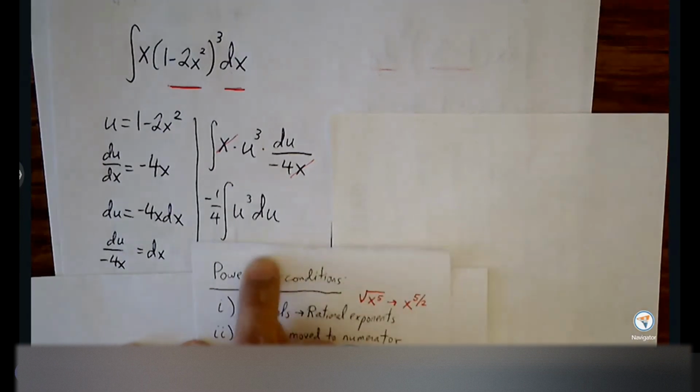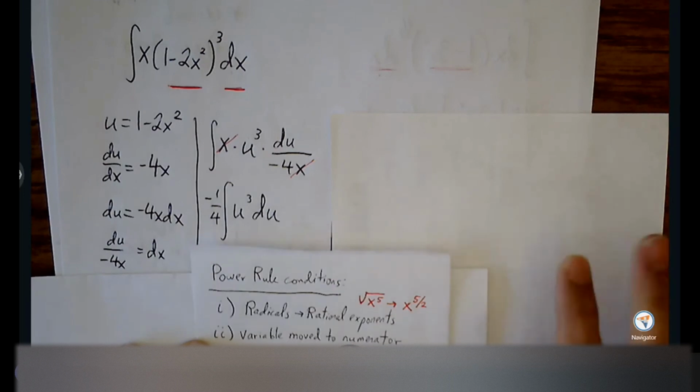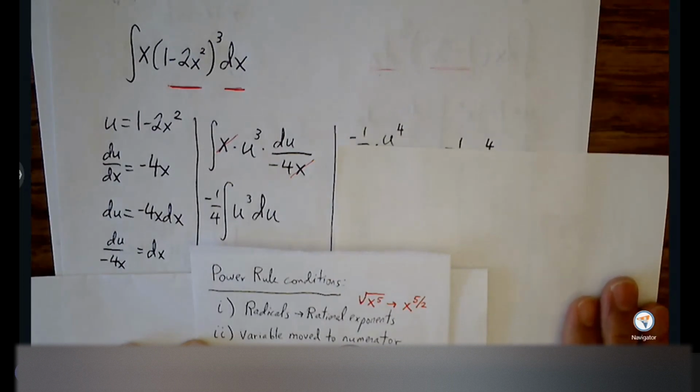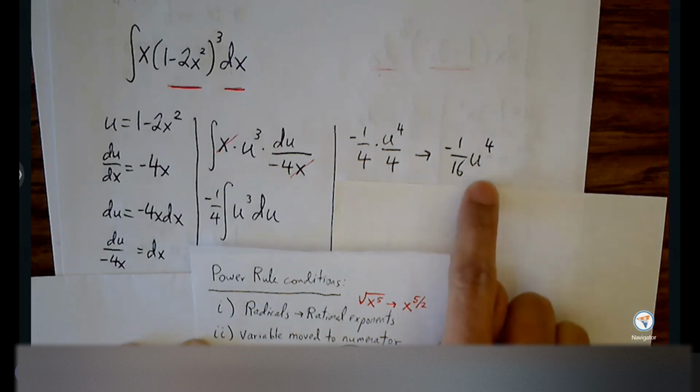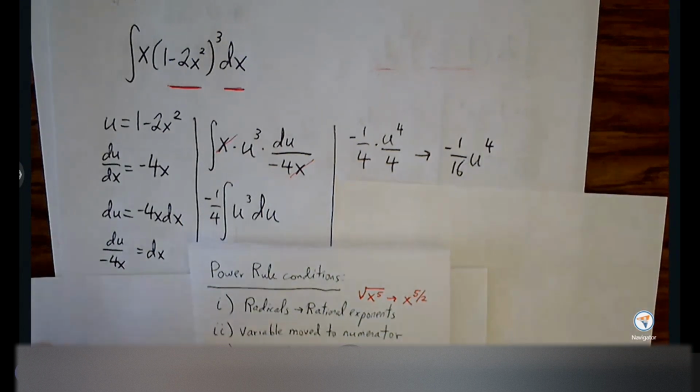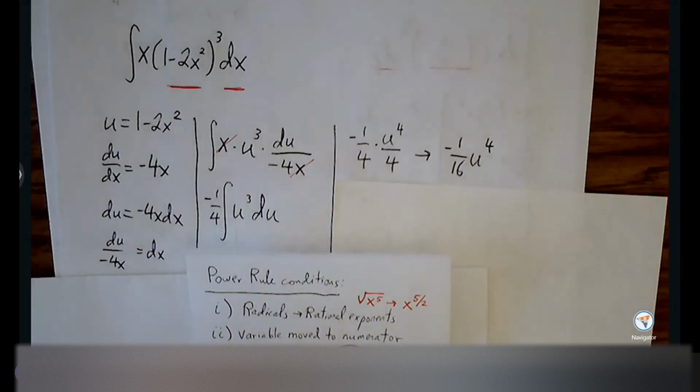And now I have a nice clean power rule for me to apply. Okay, apply power rule. Clean up my coefficients. Now I have my antiderivative, and now I can consider bringing the bounds into my process.